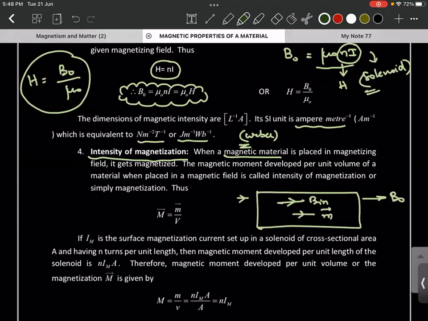Right? Then the value of the magnetic dipole moment per unit volume of that material is called as capital M vector, which is also called as intensity of magnetization, or in simple terms, you call it as magnetization.